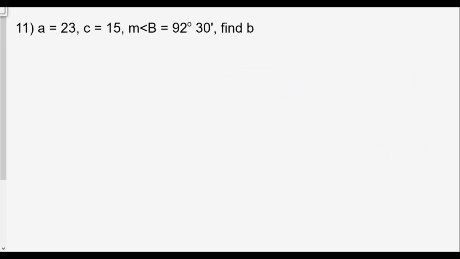Now for number 11. This is the one a lot of students had trouble with because they weren't sure what that symbol meant after the 30. This symbol here is minutes. In this situation, keep in mind that 1 degree is equal to 60 minutes. The idea is it's a fraction of a degree, but they're using minutes.